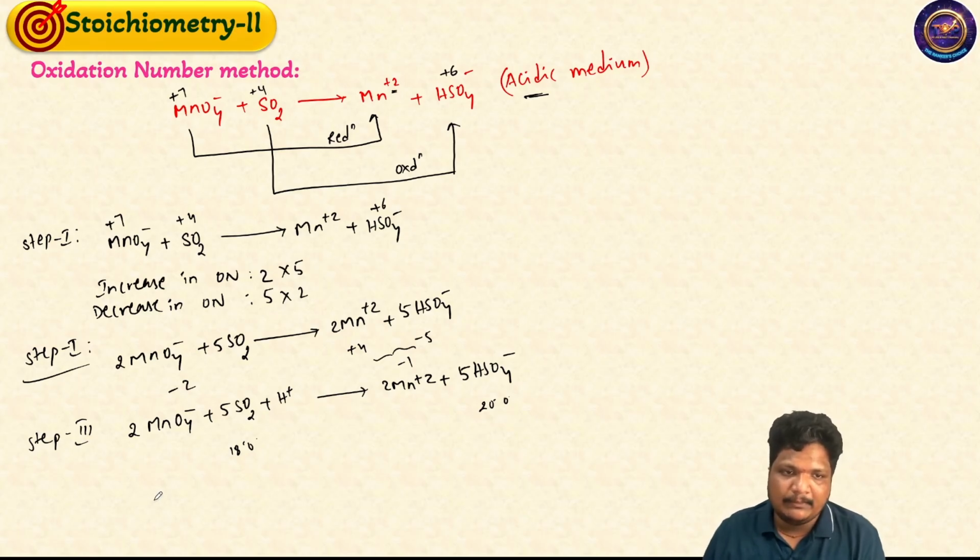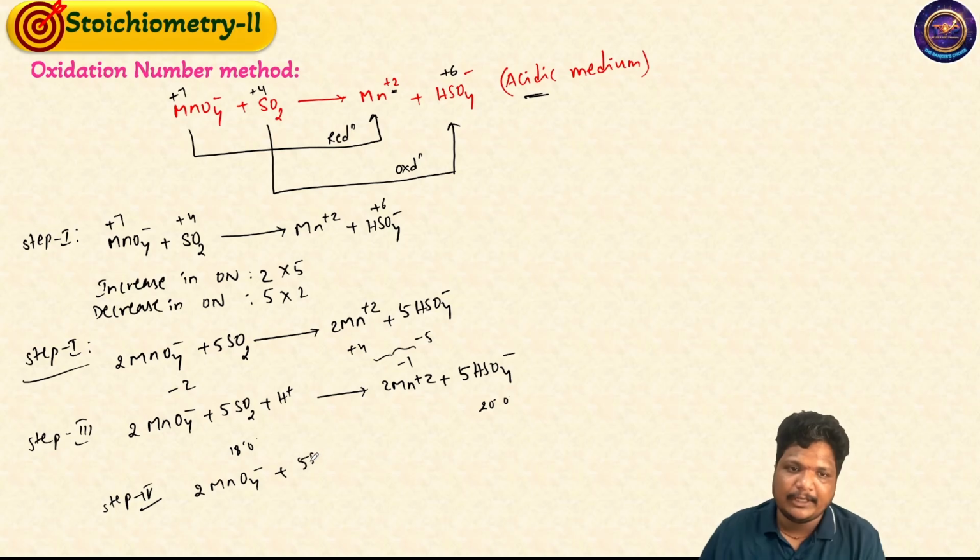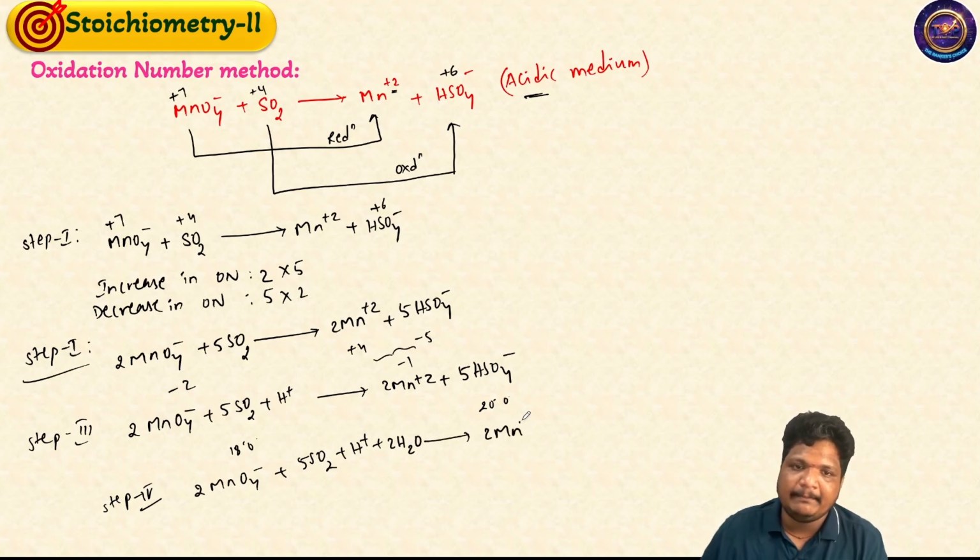So you will get in step 4 the final balanced equation: 2MnO4 minus plus 5SO2 plus H plus plus 2H2O gives rise to 2Mn2+ plus 5HSO4 minus.